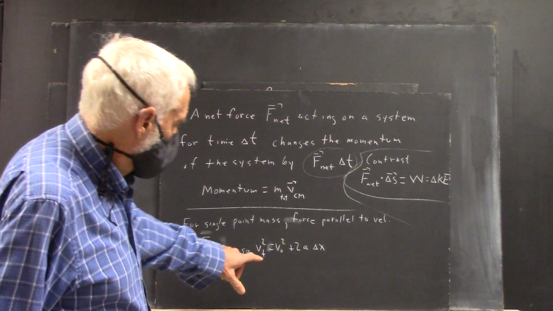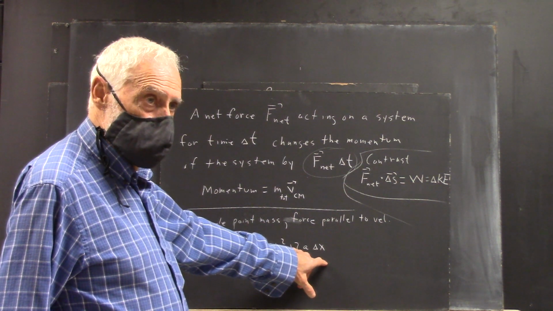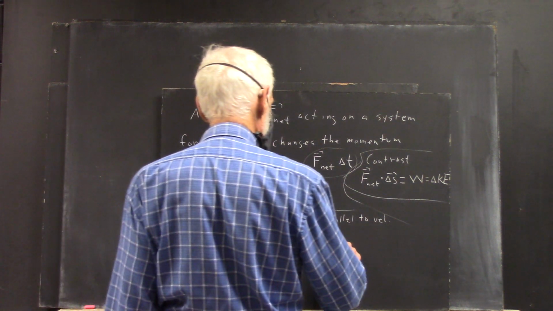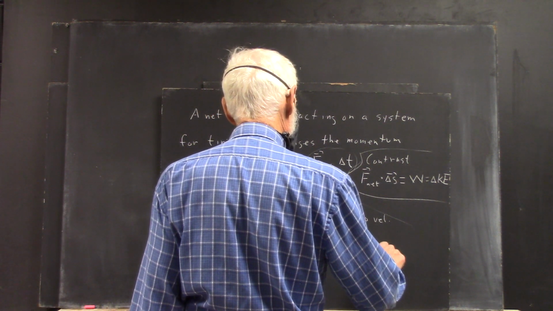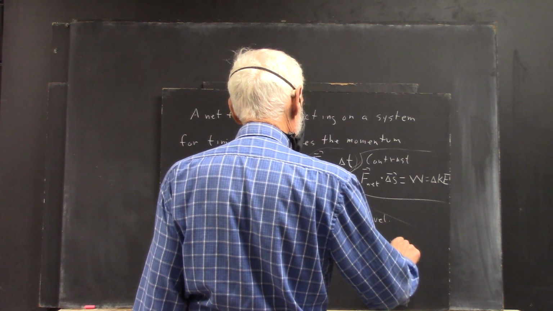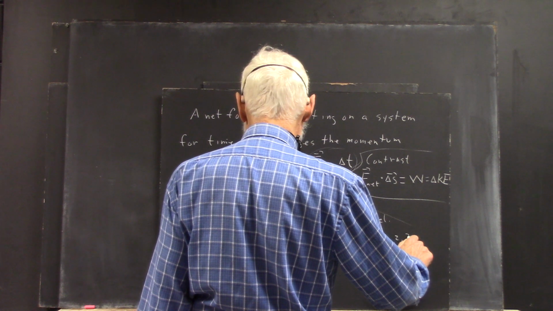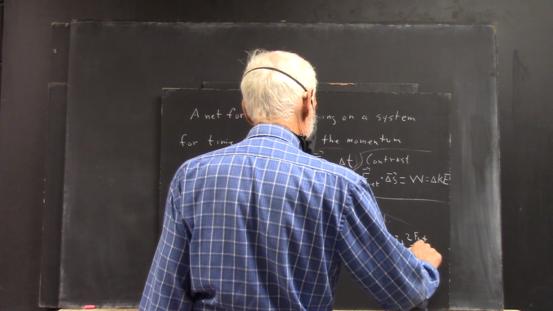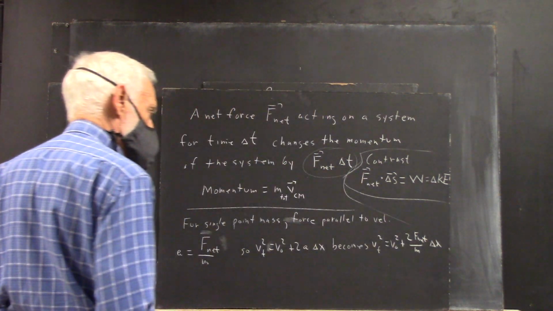So your equation of motion, Vf squared equals V naught squared plus 2a delta x, becomes Vf squared equals V naught squared plus 2 F net over m times delta x.